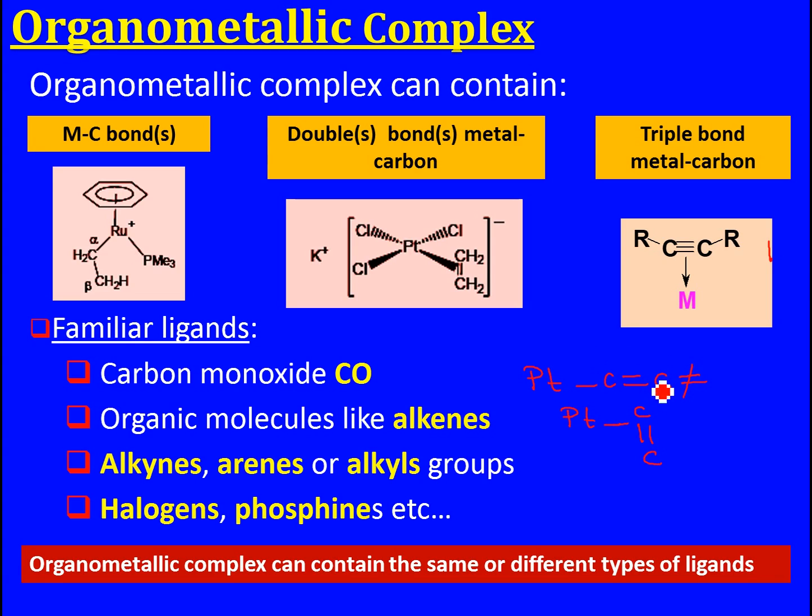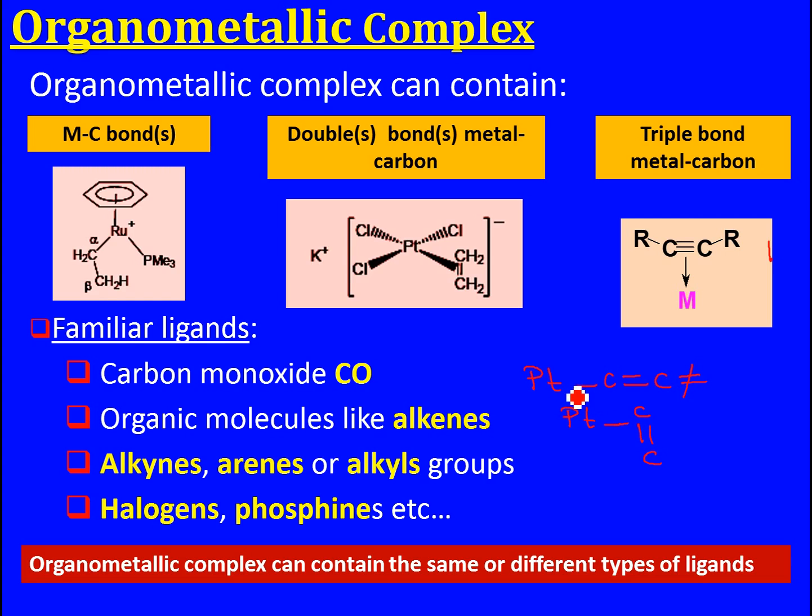In the first example, the donation of electrons from the carbon is done from the hybrid orbitals of the carbon. And in the second, the bond between platinum and alkene is due to the breaking of the p bonds of the 2 carbons that form the pi bond.